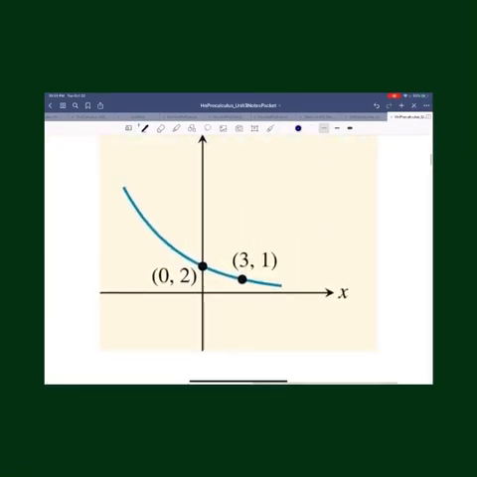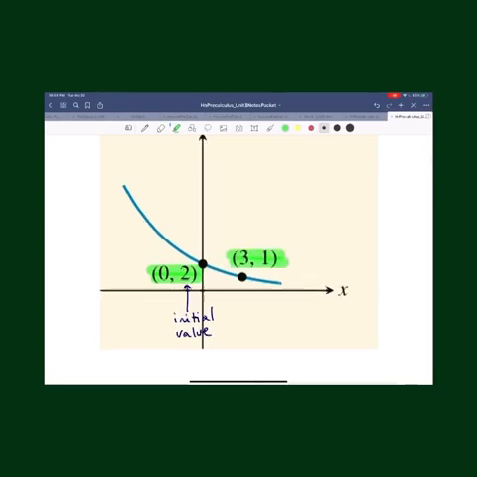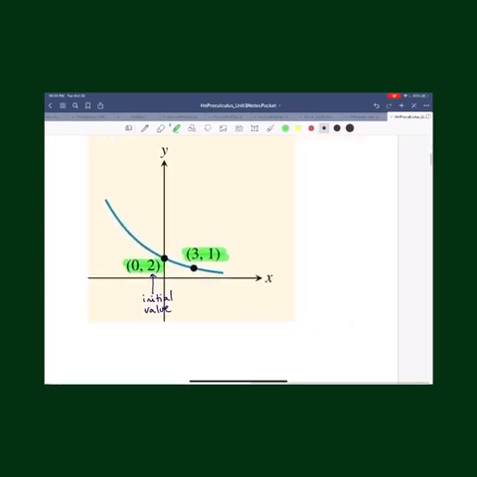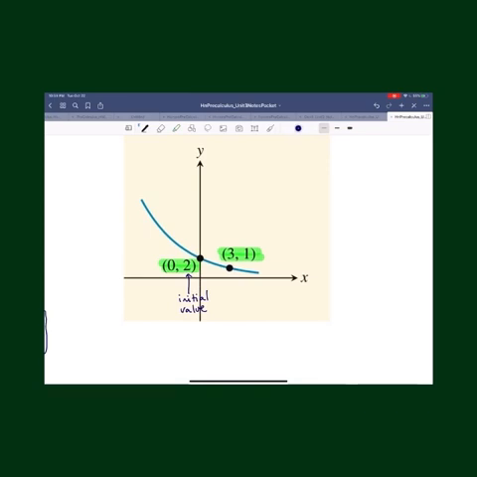Now let's look at this example. Here my initial value is 2. And I have the point (3, 1). So I start by writing y equals 2 multiplied by b to the x.